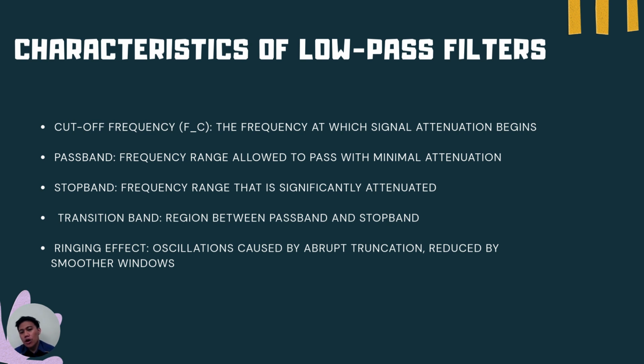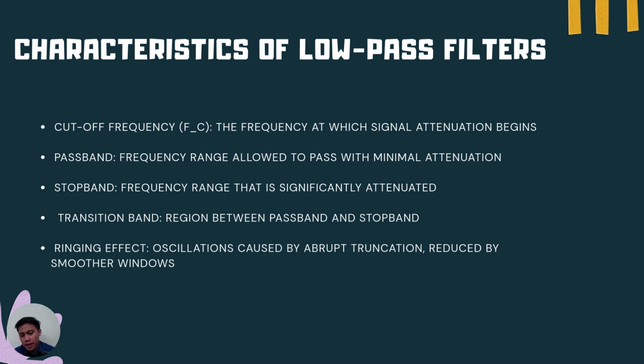Characteristics of low-pass filter. So the cut-off frequency, the frequency at which signal attenuation begins. Next, pass band, frequency range allowed to pass with minimal attenuation.